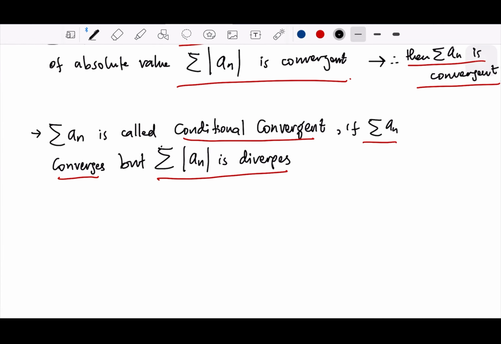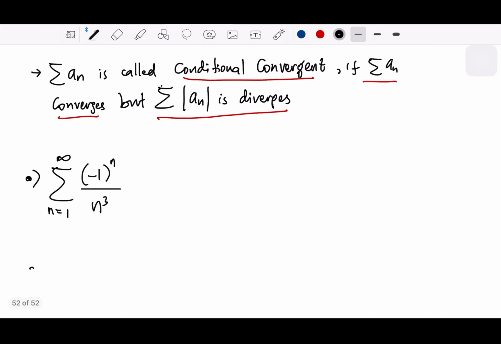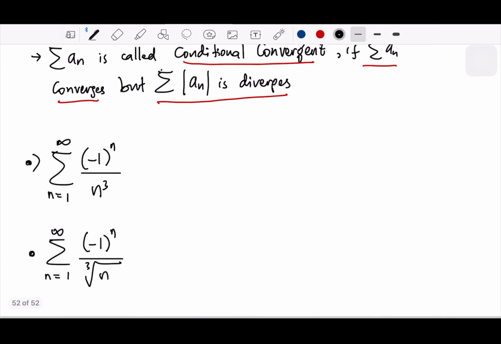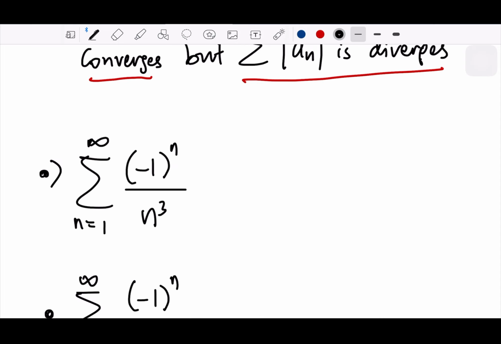Okay, now let's determine the series. I think the first one is simple enough.